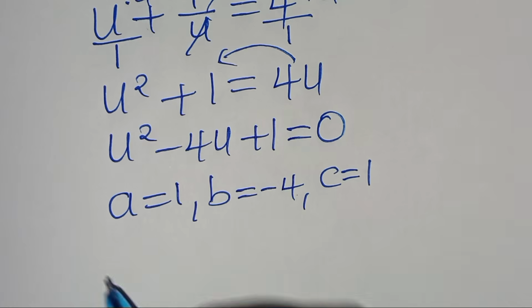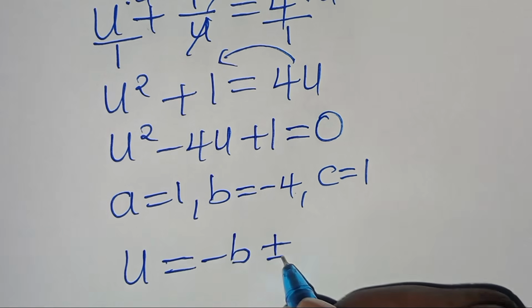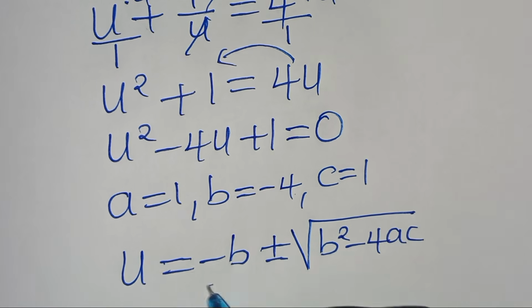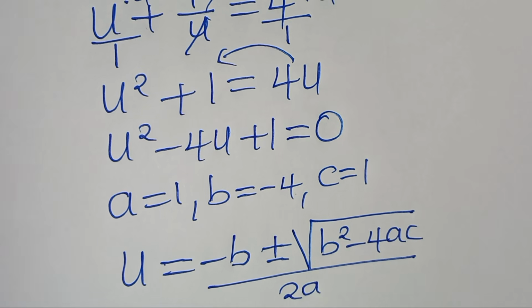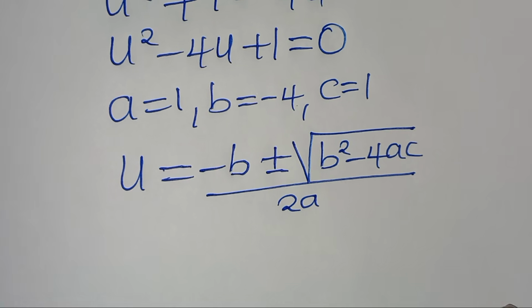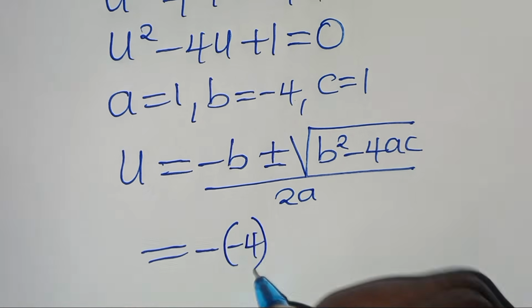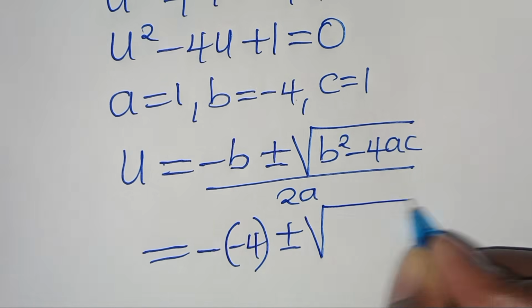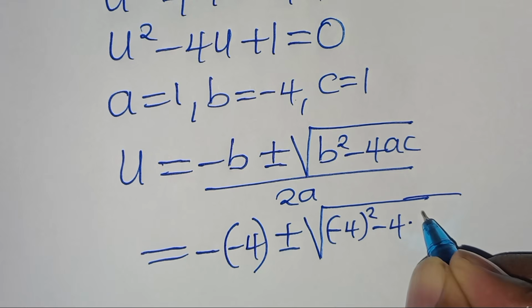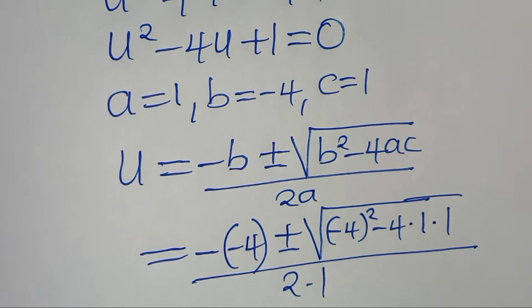Now we can solve for u by applying the quadratic formula, which is minus b plus or minus the square root of b squared minus 4ac, divided by 2 times a. Let's substitute the values of a, b, and c into this formula, so here we have -(-4) plus or minus the square root of (-4) to the power of 2 minus 4 times a, which is 1, times c, which is 1, everything divided by 2 times 1.